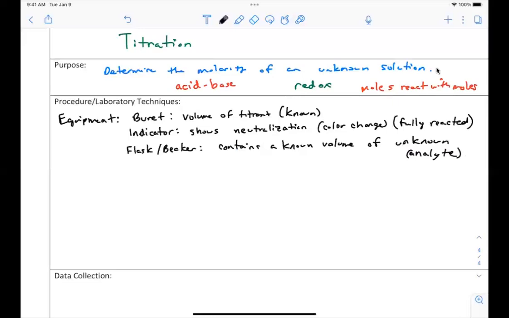Yes, I guess you could theoretically. It's just that I feel that usually when we're doing these titrations, your unknown is going to have the color or a lack of color, and then when you add the titrant, it's going to change to the color that you want to achieve.